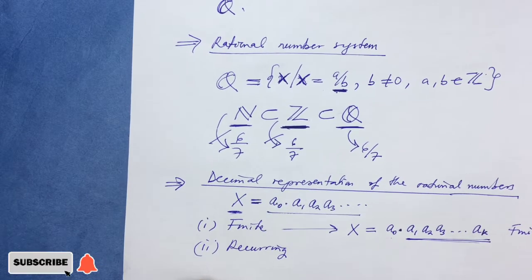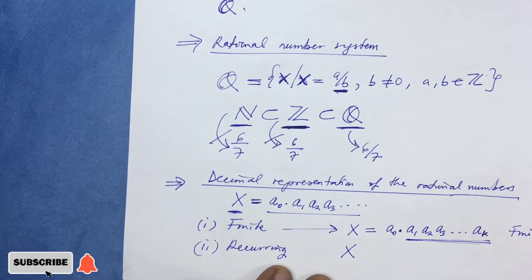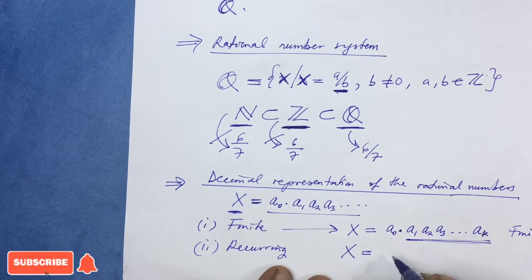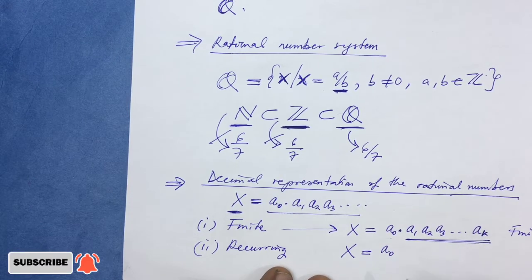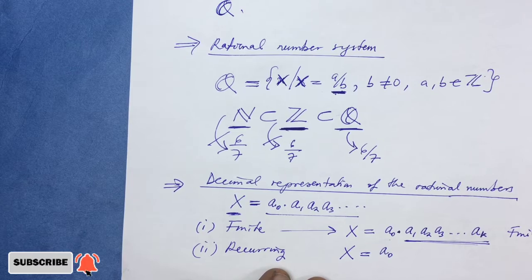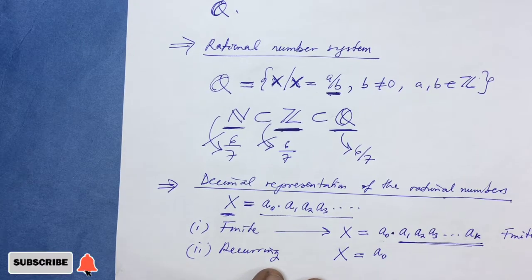Again, x, the rational number, can be expressed as recurring decimals, and that is also another feature that can make you know that the number you are dealing with is a rational number.